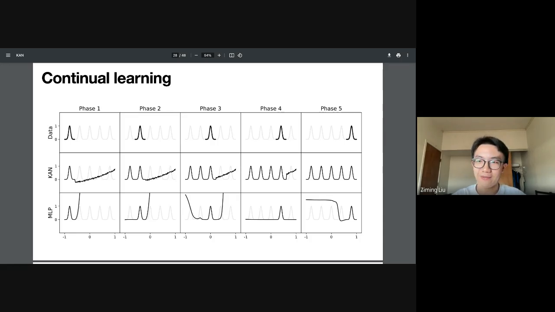So I would think that KANs are really good at dealing with physical observables, but not necessarily perception or language. So we may need some modules to convert, say, vision data into these physical observables, and then use KANs to deal in the physical space. And then maybe we need another module to convert it back to the vision space.